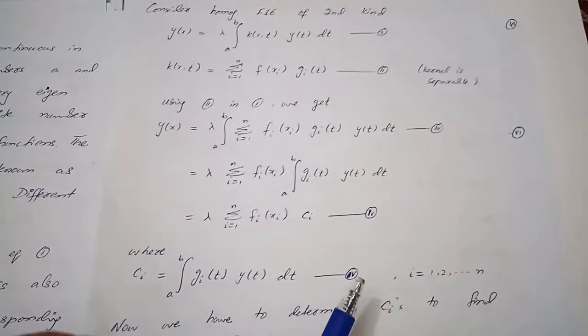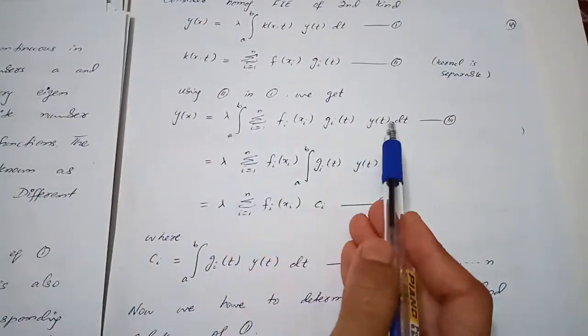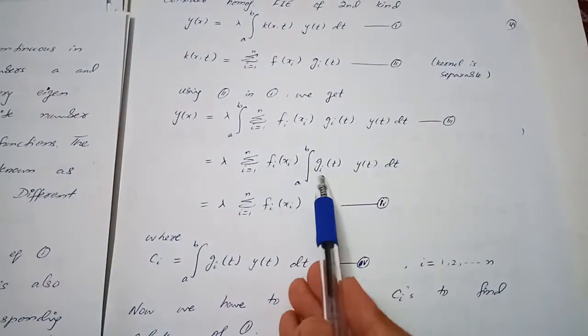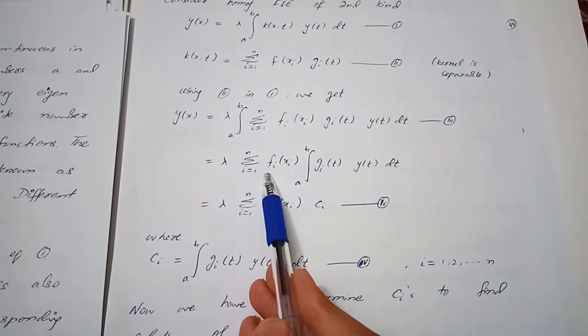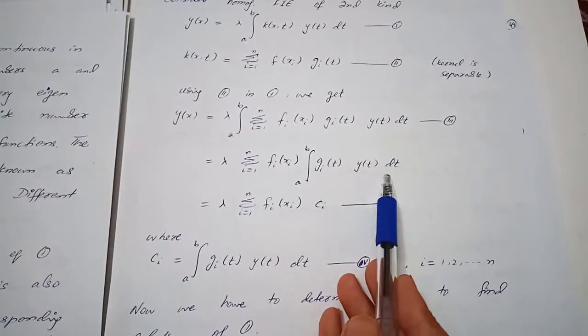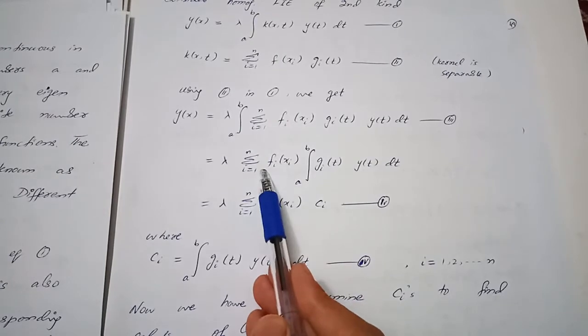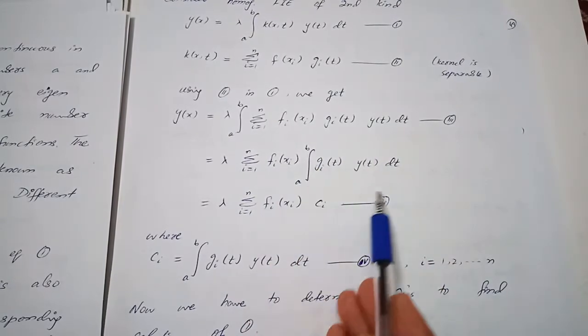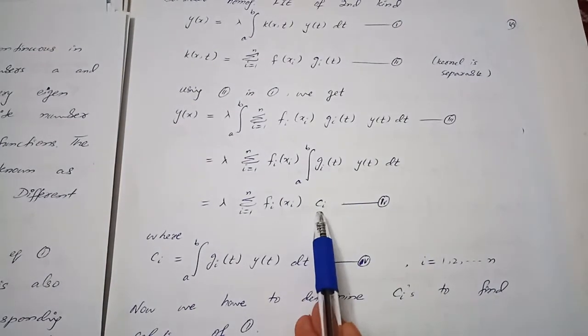You plug in that kernel and you know that your integration is with respect to t. So whatever function is depending on x, that can be taken outside because integration is with respect to t. After taking it outside, after separating it, you can mark this complete integral that is depending on t as c_i, any constant.